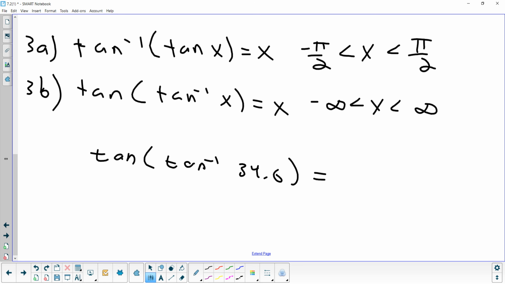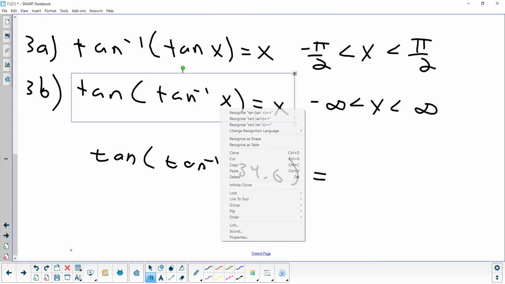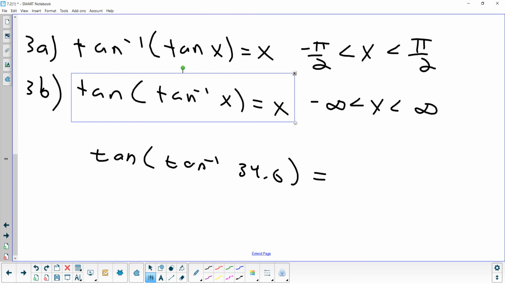It's not going to be negative. It's going to end up being positive in this case. What would we get back based on Formula 3b? 34.6. Because whenever you take the tangent of the inverse tangent, the answer that you get is whatever you typed in. There is no condition. Could be anything.